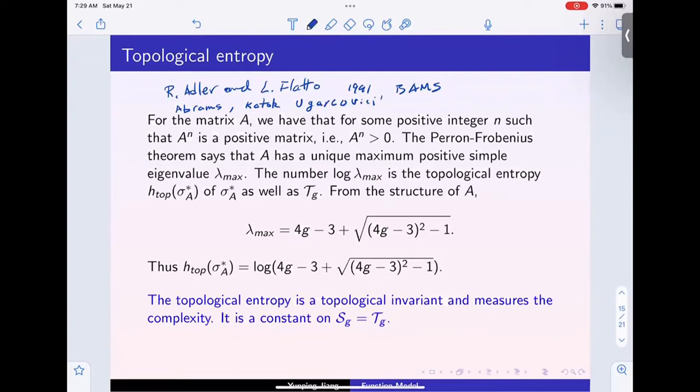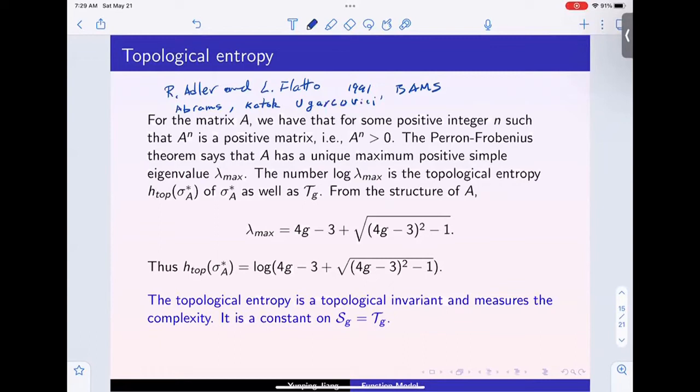So first, for this matrix A, which is aperiodic, or another word is irreducible, that means you have some integer n such that A to the power n is a positive matrix, meaning every entry is positive. Translated to dynamical systems: every interval you iterate n times will cover the whole unit circle.